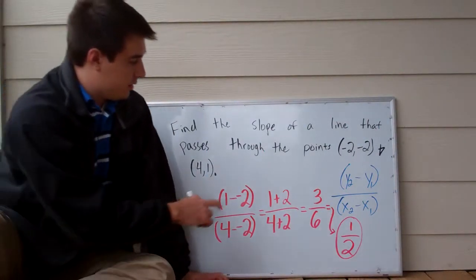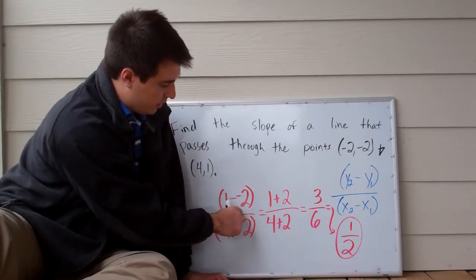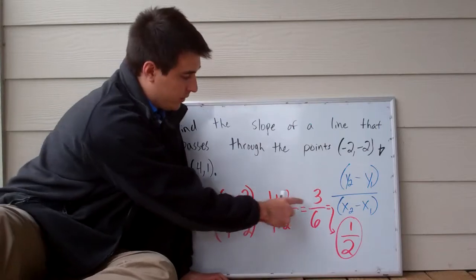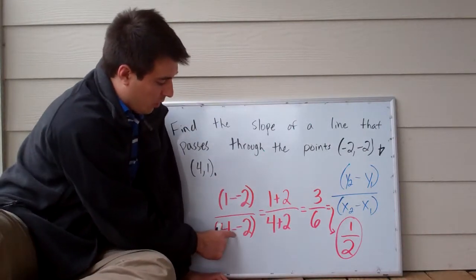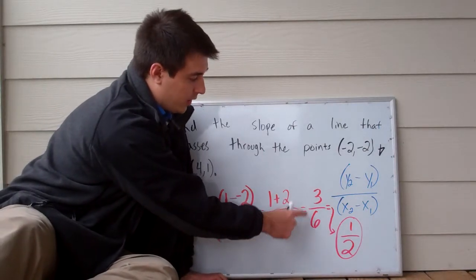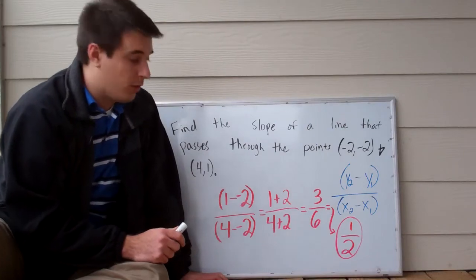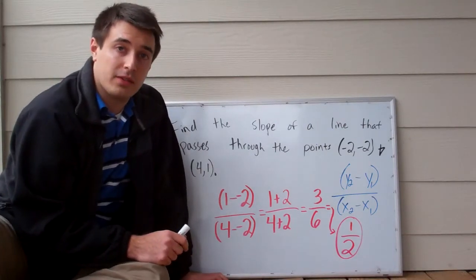So we can go ahead and do subtraction. 1 minus -2, which will end up being 1 plus 2, which will be 3. 4 minus -2, which will be 4 plus 2, which will be 6. 3 over 6 simplifies down to just 1/2. So this slope right here is just 1/2.